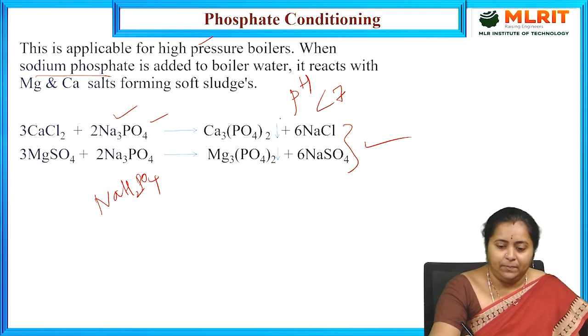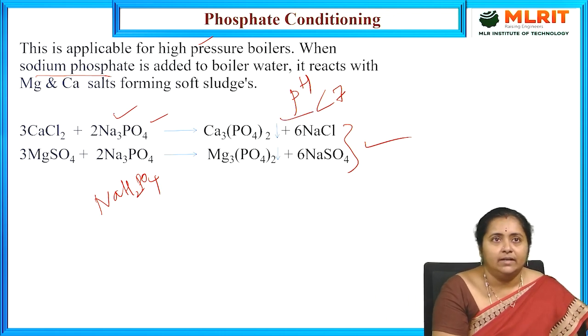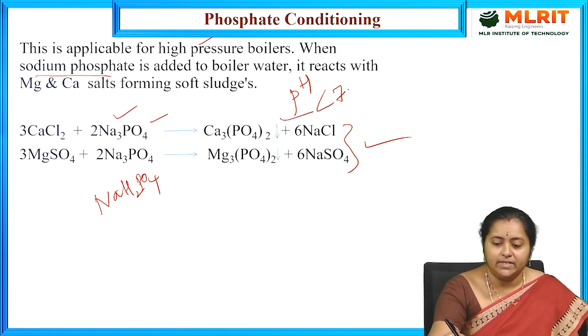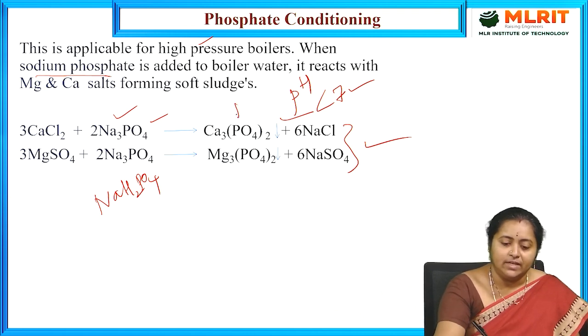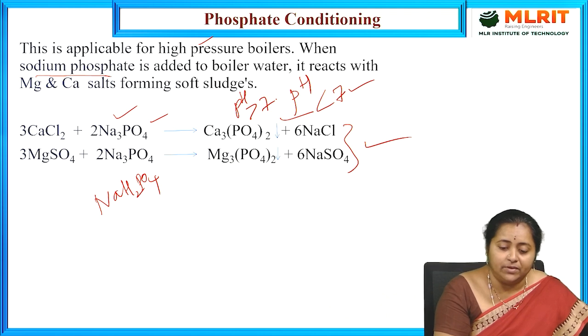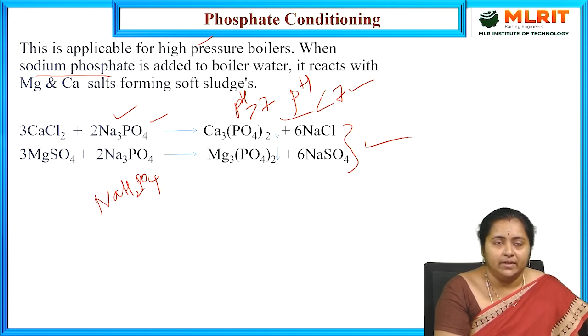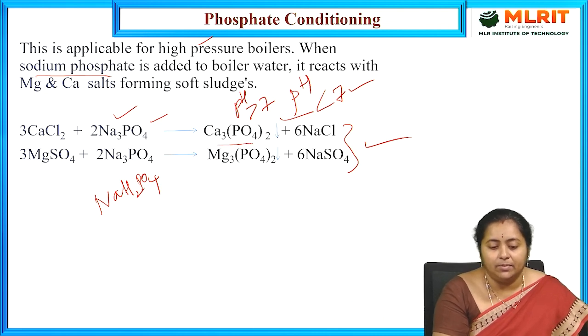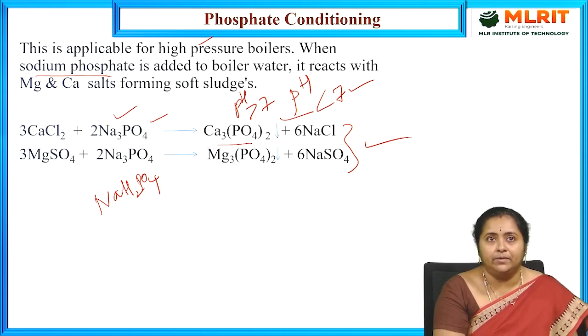So based on pH, the addition will take place. If pH is greater than 7, that means the water sample is in basic medium, then directly we can add this trisodium phosphate. It is able to convert into the concerned soluble soft sludge which can be removed by blow-down operation.